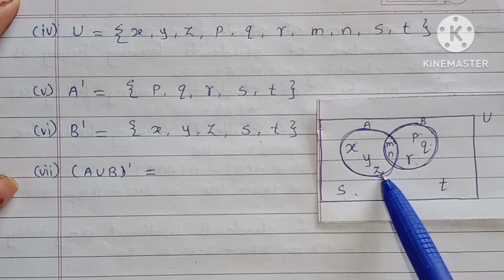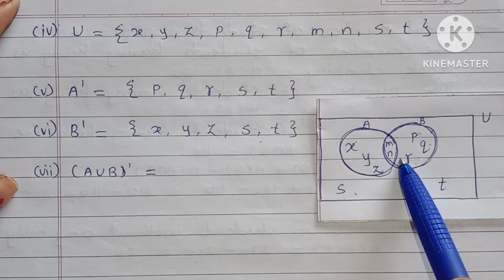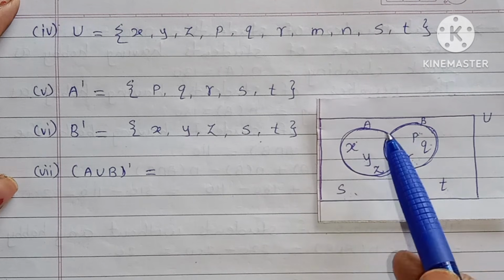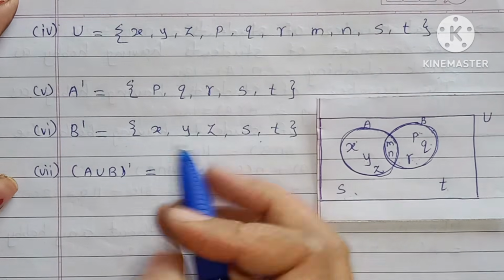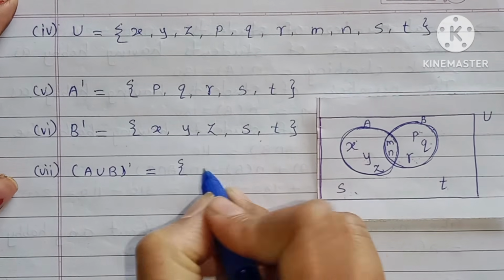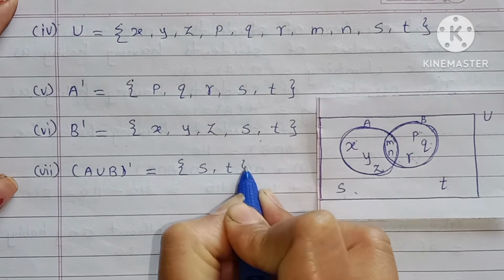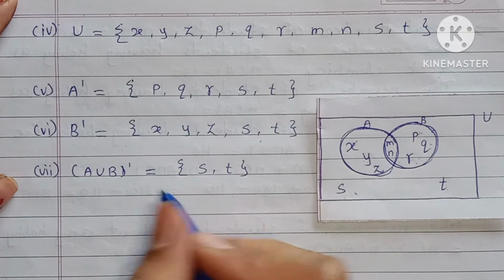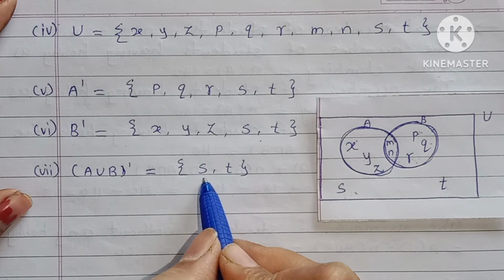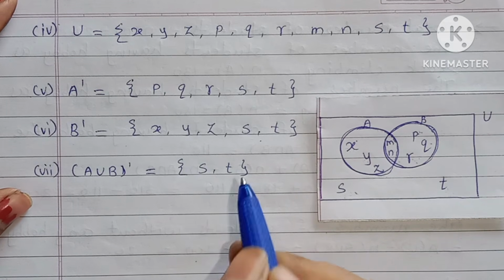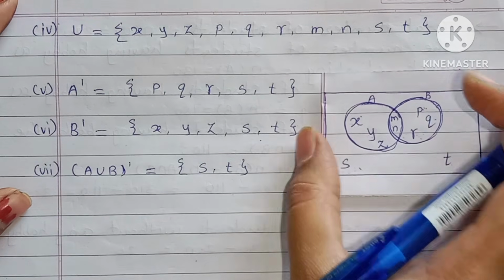X, Y, Z, P, Q, R, M and N. ये एलिमेंट्स छोड़कर which elements are remaining? S and T. Means complement set of A union B, which elements are there? Only S and T. Thank you.